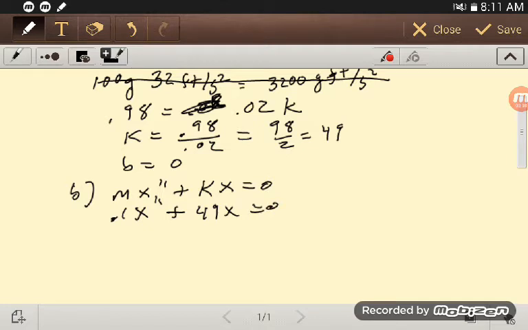Now, they mention that they pulled it, I think, 4 centimeters out, and so x of 0 is equal to, I think it was an additional 4 centimeters.